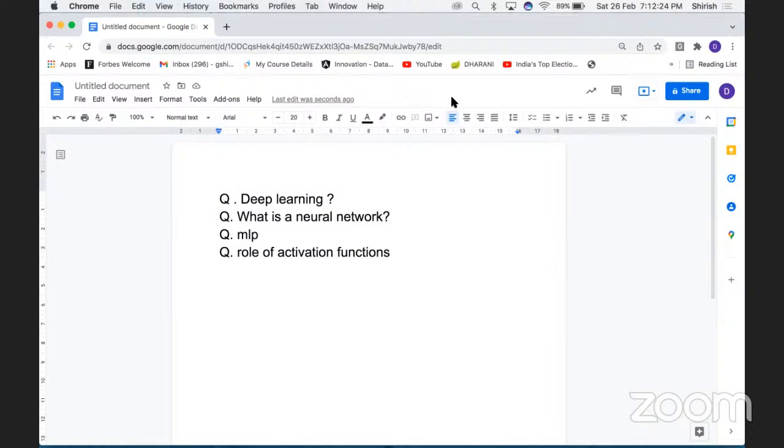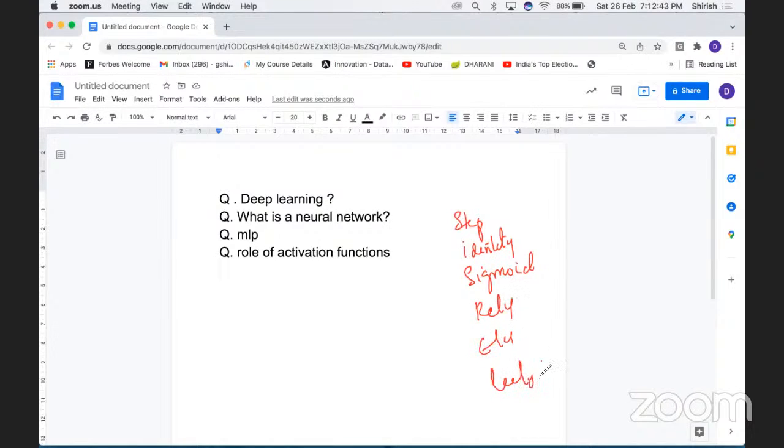There are a bunch of activation functions available to us, like the step function, identity function, sigmoid function, ReLU, ELU, leaky ReLU, tanh, softmax.